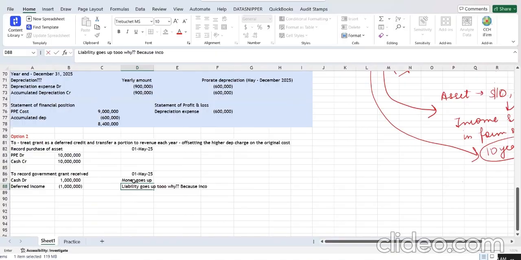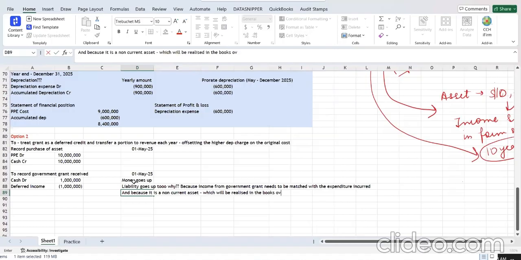Because income from government grant needs to be matched with the expenditure incurred, and because it is a non-current asset which will be realized in the books over its useful life, the government grant recognition should also match the realization of expenditure over the useful life of the asset.